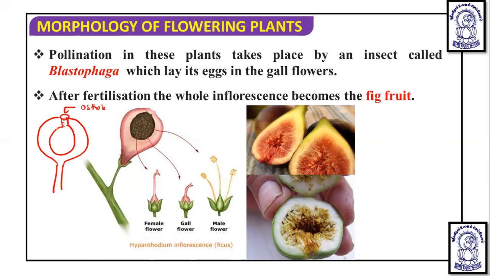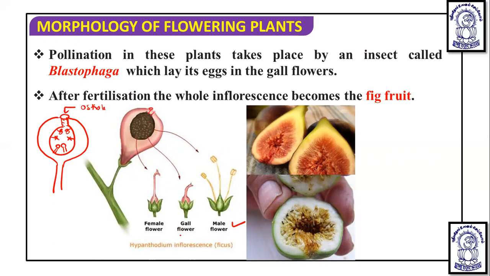Here you will see that male flowers are present towards the ostiole, female flowers are present towards the base, and sterile flowers are present in between. Here is the ostiole, and here you will see the male flowers.